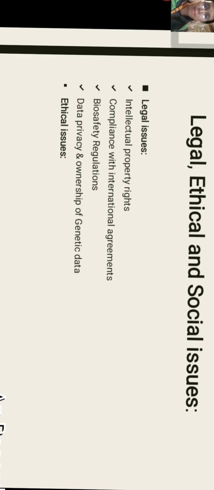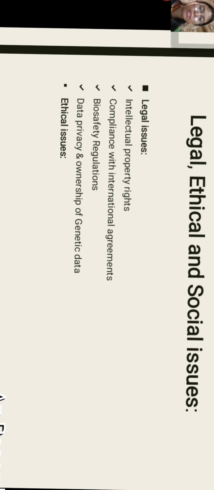These agreements ensure that genetic resources are shared fairly, benefits go to the right people, and research is done responsibly.